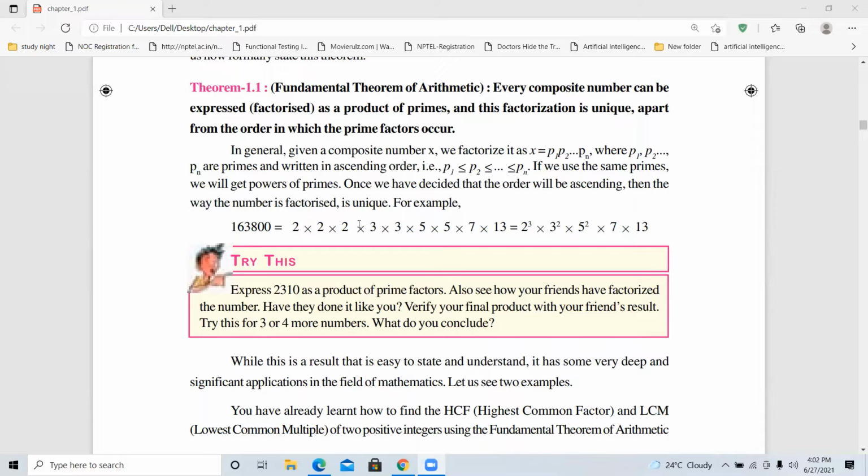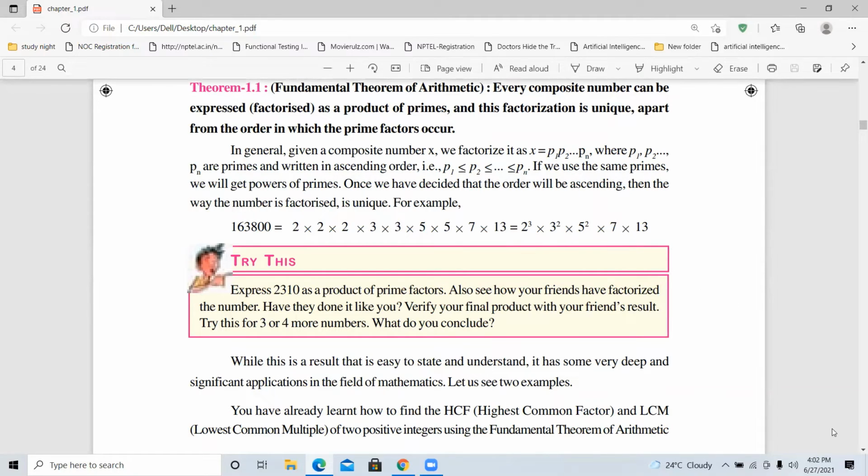After factorizing, we should have only the prime factors because we are calling it prime factorization. After the completion of that, we have got 2 cube into 3 square into 5 square into 7 into 13. So in this way, we can express the composite number as the product of primes.